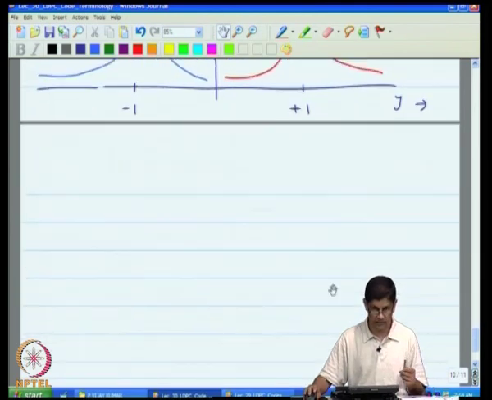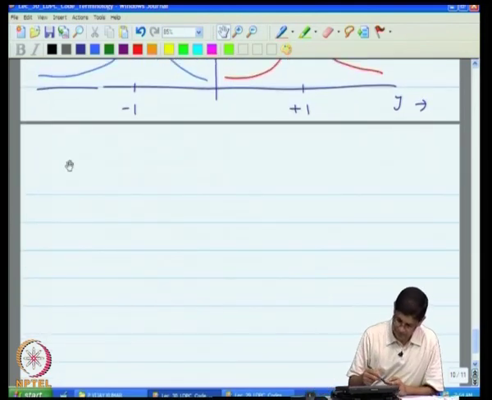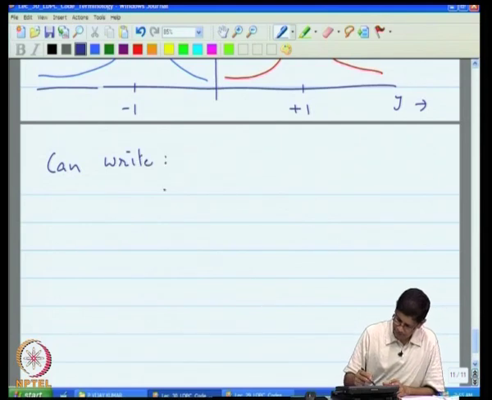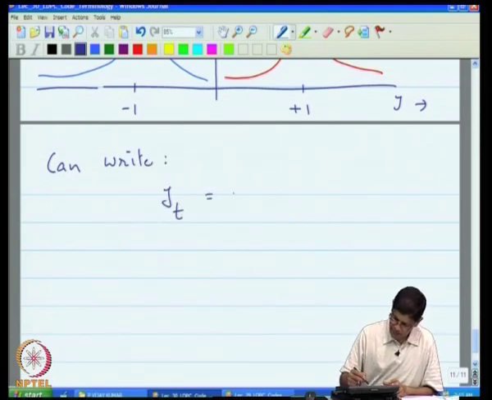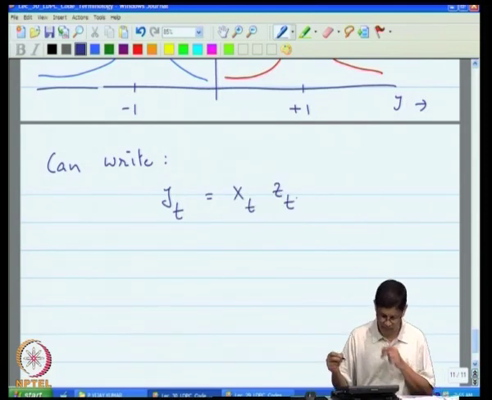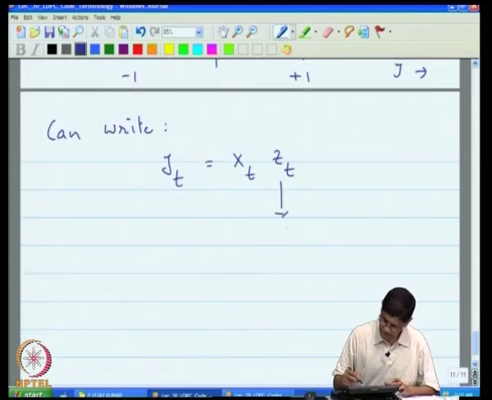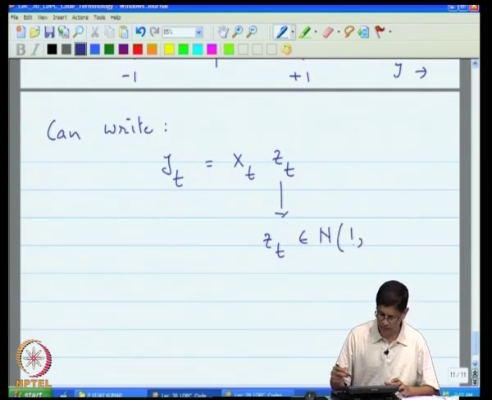again you can give it a multiplicative representation, because you can write y of t as being x t times z t, where z t is normally distributed with mean 1 and variance sigma squared.